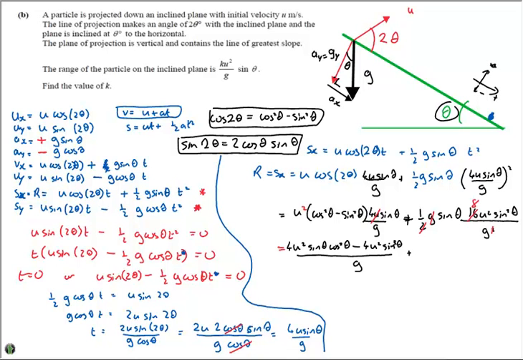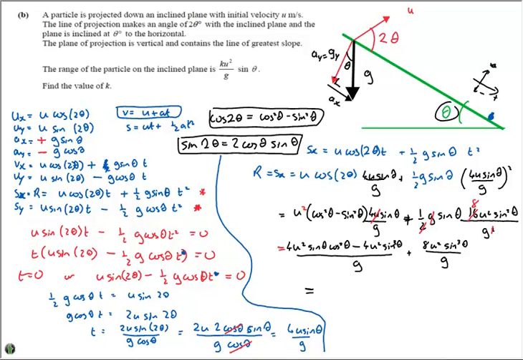We have 8u squared sine cubed theta all over g. So we can add these two together. Because of the same common denominator, we're very close to the end of this question now. It'll just be a matter of factorising out something and some manipulation to get our answer.